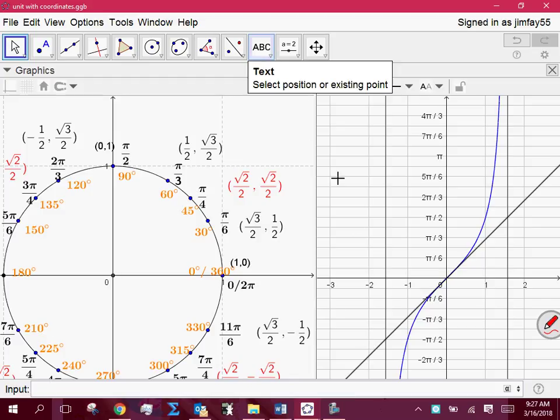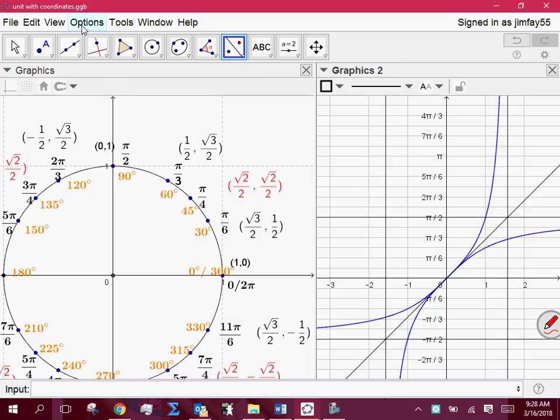So if I'm going to reflect this blue curve over that line, the thing that is confining and providing boundaries for that blue curve are those asymptotes. So we're going to want to flip those over that line as well. When a vertical line is flipped over the line y equals x, it becomes a horizontal line.